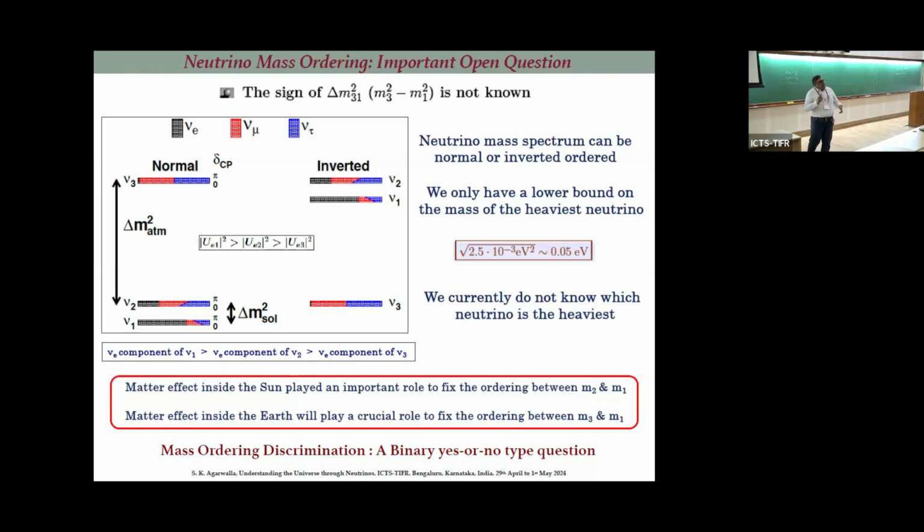And this is called inverted ordering. Make it very clear, I am going very slow. Okay. So from the present data, we know the gap, but we don't know the order. Clear? Whether neutrino prefers this picture or this picture is an open question in neutrino oscillation physics.